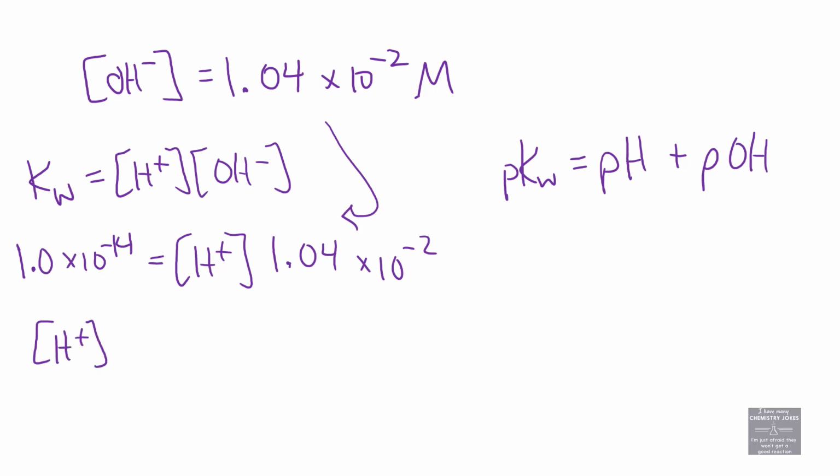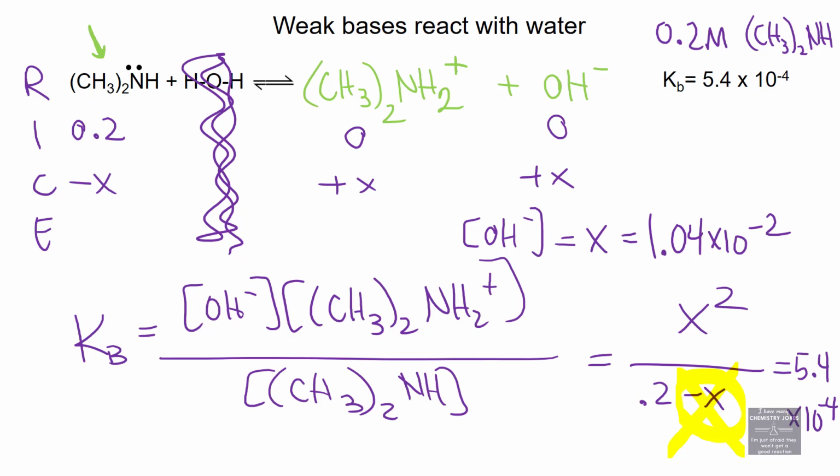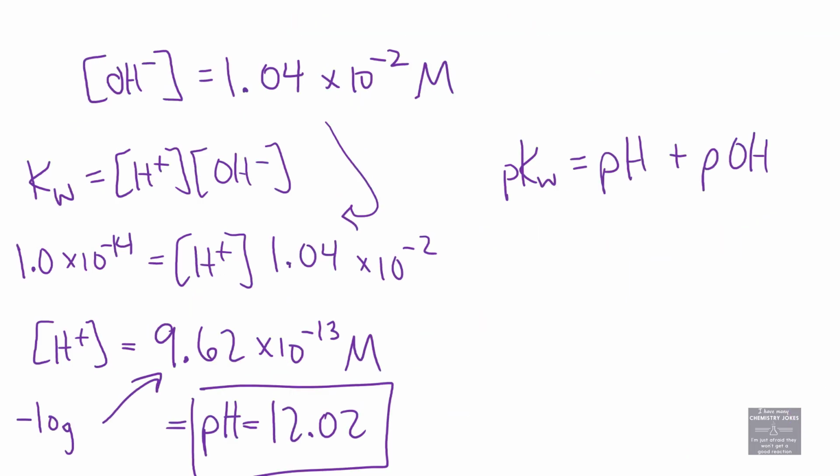And I can solve and get my H+ concentration is 9.62 times 10 to the negative 13. It should be a small number. I can negative log that number to get my pH, which is 12.02. If I was answering the question, what's the pH of a 0.2 molar dimethylamine solution, you could tell me it's 12.02 without doing what I'm about to do.